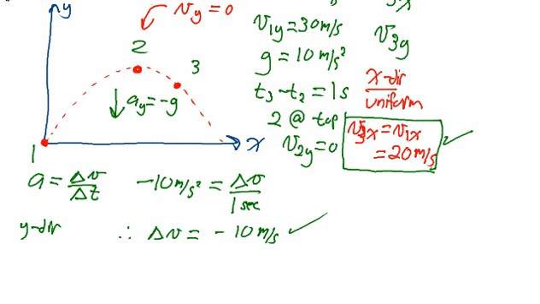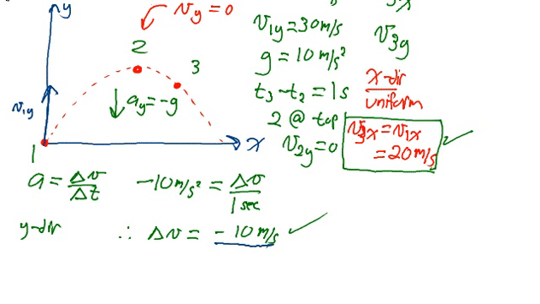And since we know that the initial velocity in the y direction was actually equal to 30 meters per second, we can use this fact that we know the acceleration to count forward in time to find out how many seconds it takes for the object to get to the top, and then 1 second more to get to point 3. So the velocity in the y direction is going to decrease by 10 meters per second every second.